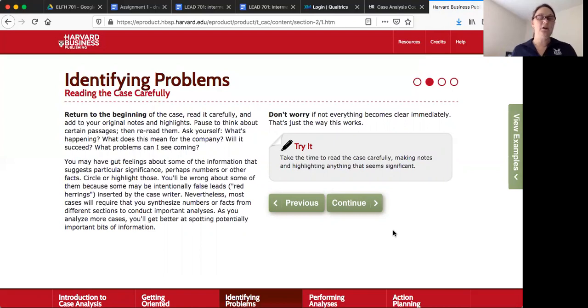Oftentimes I get the question of which is more important to a case, qualitative or quantitative? And the answer is they are both equally as important. It really depends on the scenario. If I'm an HR manager, I might be looking at the qualitative data, which is your coworkers' perception of you or the interactions that you have with your clients.